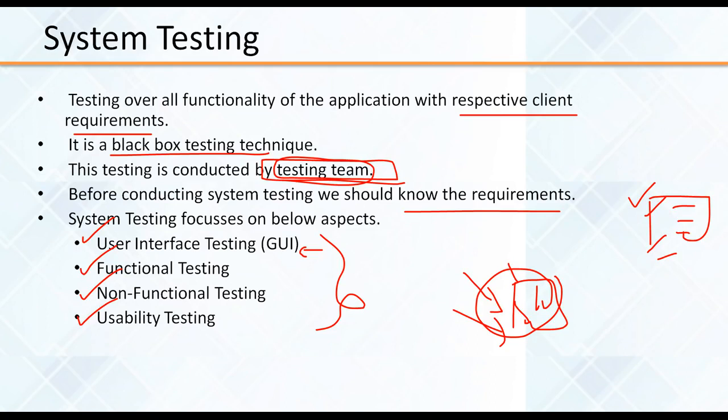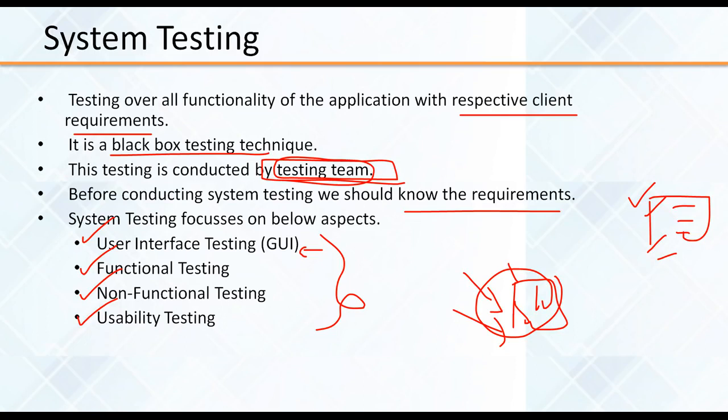Let us say for functional testing, it contains multiple testings like object behavioral testing, input domain testing, exceptions testing, cookies testing, links testing, database testing. There are n number of testings again.